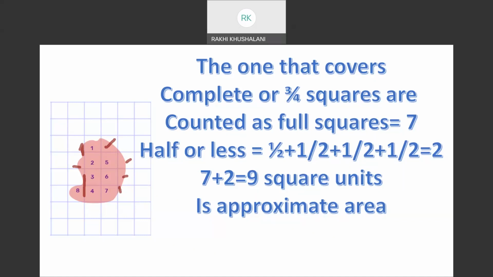And you can find out the area of the shape of a leaf. We are going to do this activity. We are going to keep a leaf on a square box, and then you have to draw the outline of the leaf and count the number of squares inside the leaf.